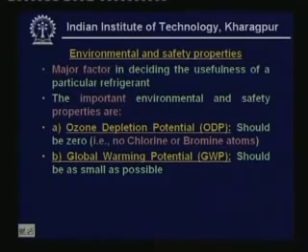And the second important property is global warming potential, or GWP. GWP should be as small as possible. That means refrigerants having high GWP are not recommended. In fact, after the Montreal Protocol, several nations met at Kyoto, and under the Kyoto Protocol, several refrigerants which have high GWP values have come under the substances to be regulated.